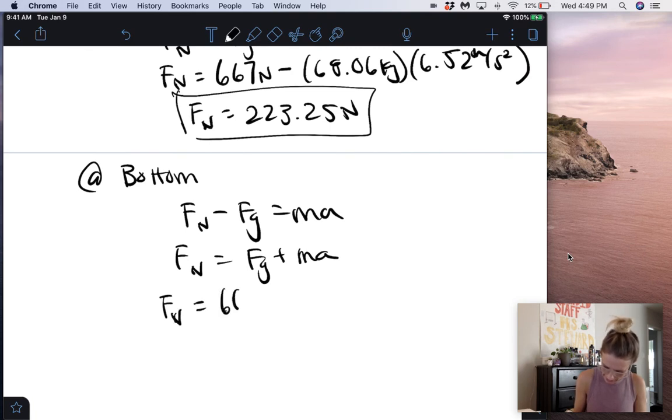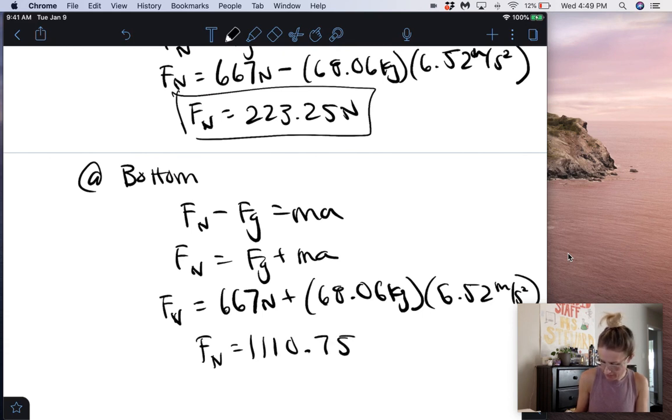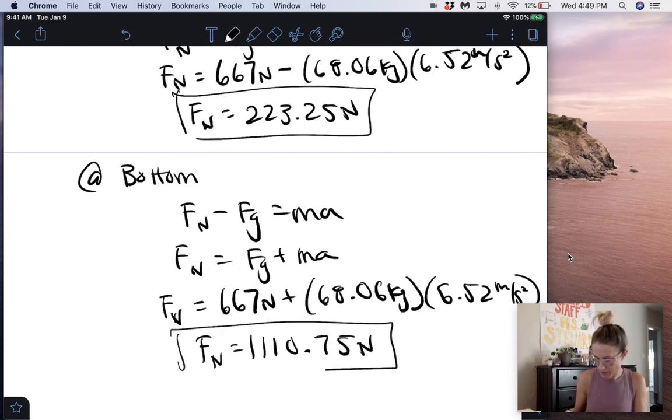So we get 667 newtons plus 68.06 kilograms times 6.52 meters per second squared. And we get 1,110.75 newtons.